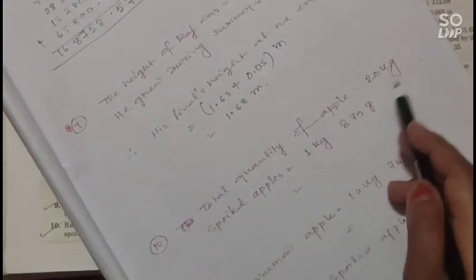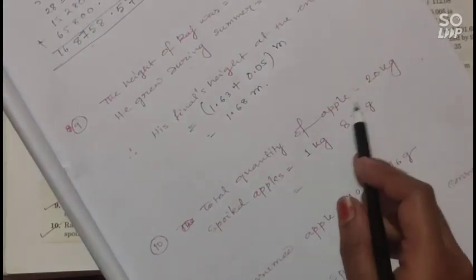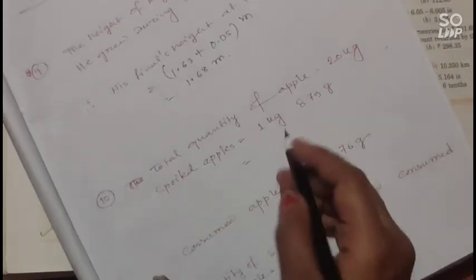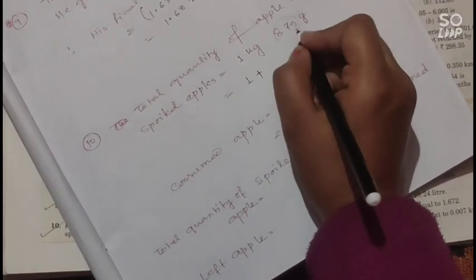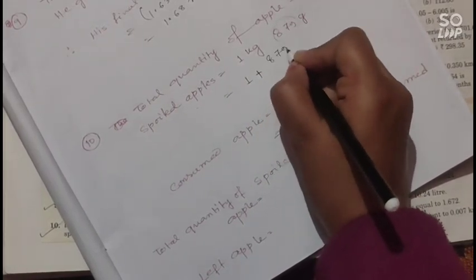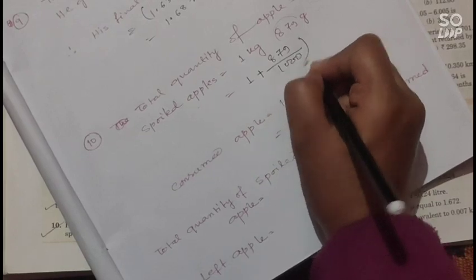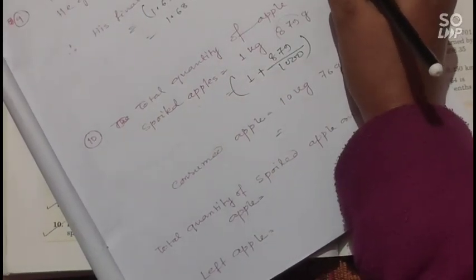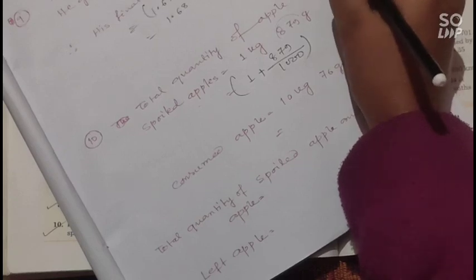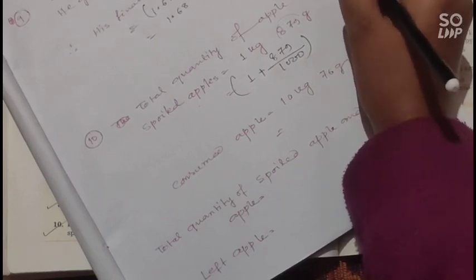Total quantity of apple this much. Spoiled apple 1 kg 879 grams. So first of all we will convert this into kg. 1 plus, first of all you have to convert this into kg. 879 by 1000. You know that kg, hectogram, decagram, gram.